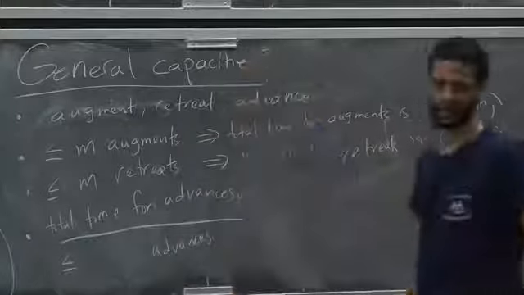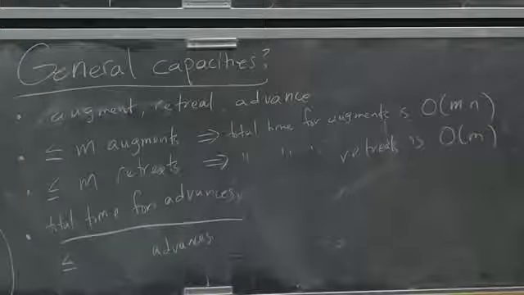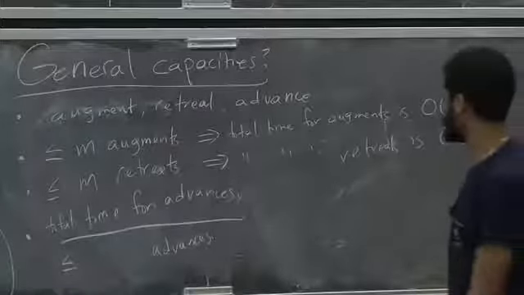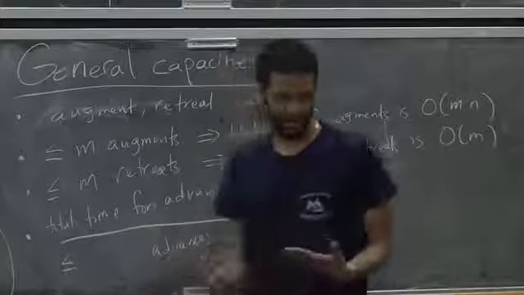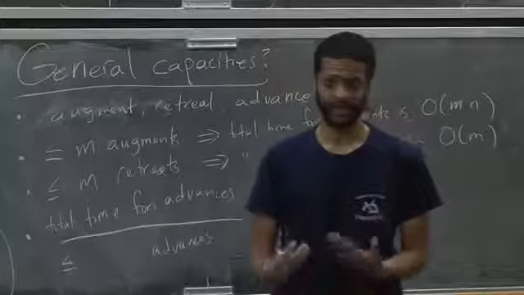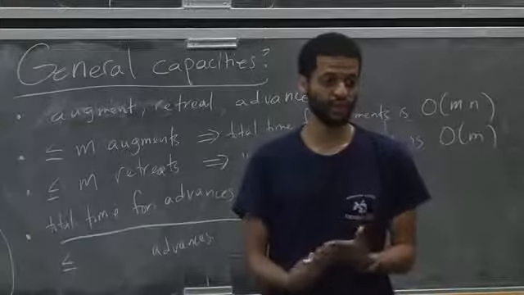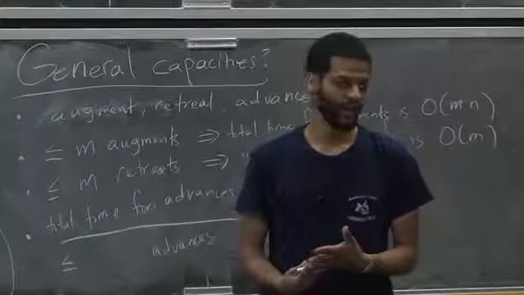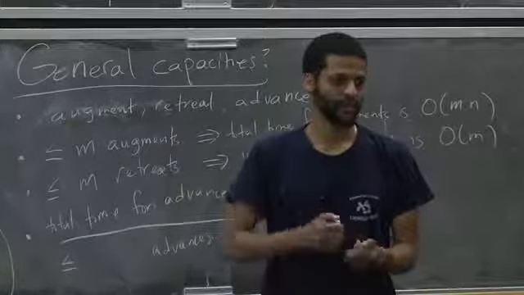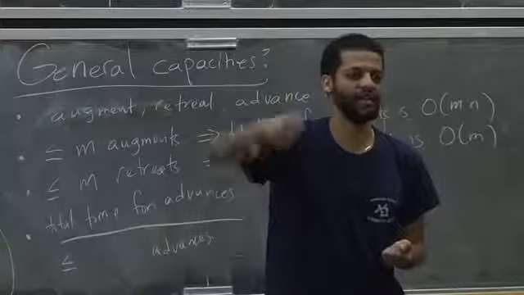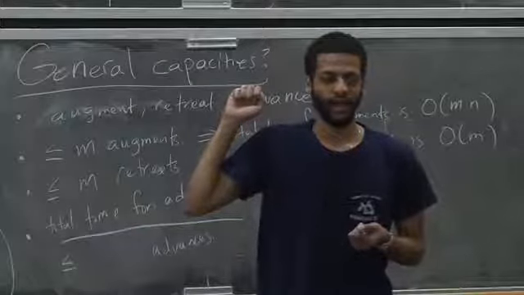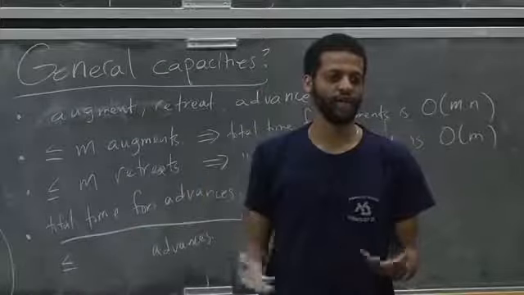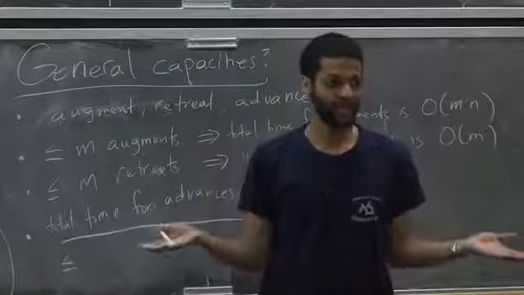This one is a little trickier, I'll just tell you, because we're running out of time. The point is, after every n advances, there will either be a retreat or there will be an augment. You can't advance n times without either reaching t or going backwards once. And if there's either a retreat or an augment, one edge is going to get deleted.